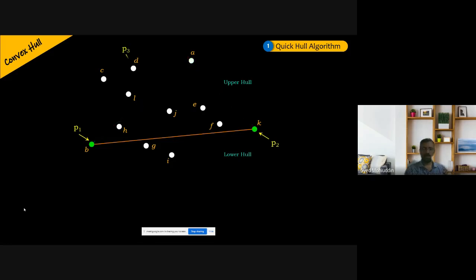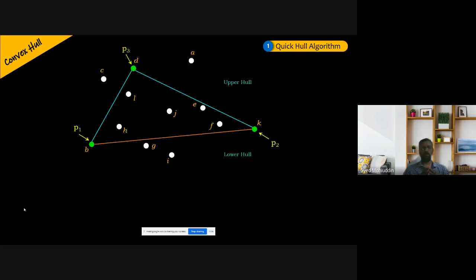So in this case, if we consider D as a point in the upper hull and connect it to the line segments forming a triangle, 5 points are within this triangle. So these points are inner points.